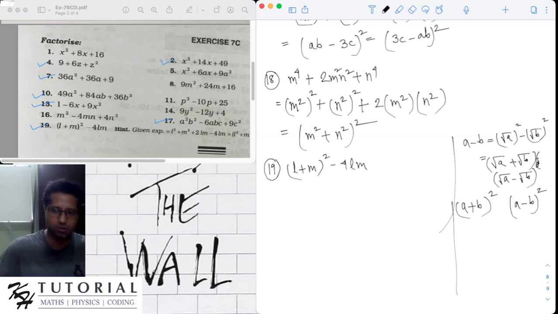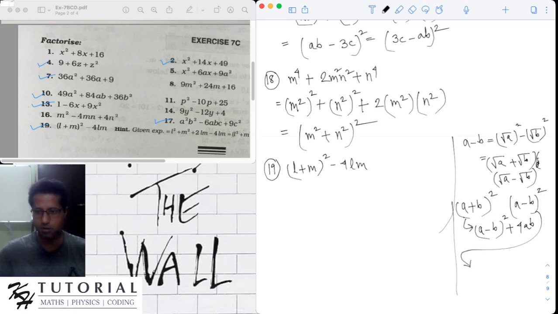That is, a plus b whole square can be expressed using a minus b whole square, and of course ab, and a minus b whole square can be expressed using a plus b whole square. So a plus b whole square is equal to a minus b whole square plus 4ab. You must always remember this formula, that a plus b whole square is equal to a minus b whole square plus 4ab, and a minus b whole square is equal to a plus b whole square minus 4ab.